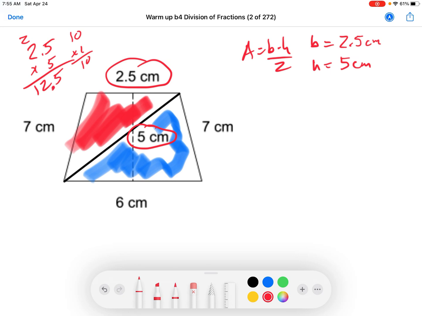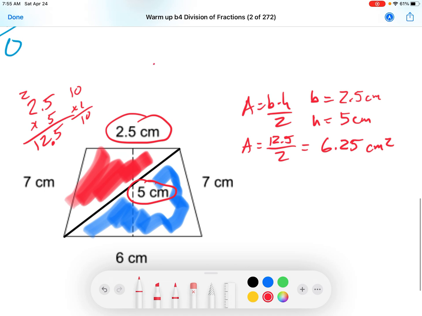So we need that in the tenths place, so that means that's going to be 12.5. So area equals 12.5, and we got to divide that by 2. Now I could see that half of 12 is 6, and half of 0.5 is 0.25. Square centimeters, but maybe you didn't see that, and so we could do some of that here up on the side.